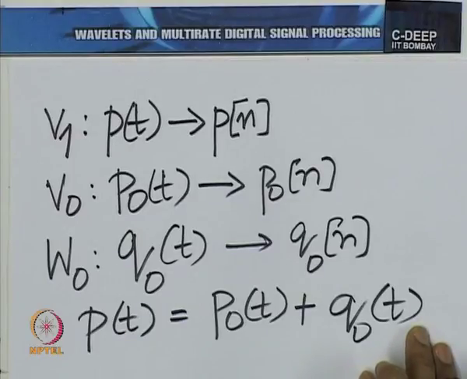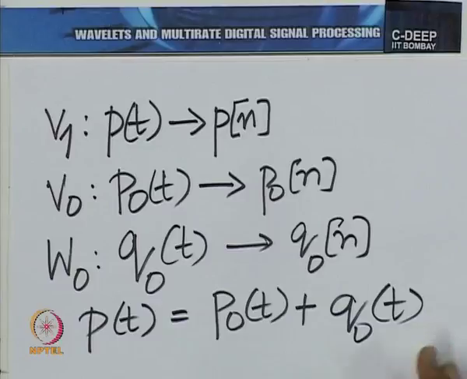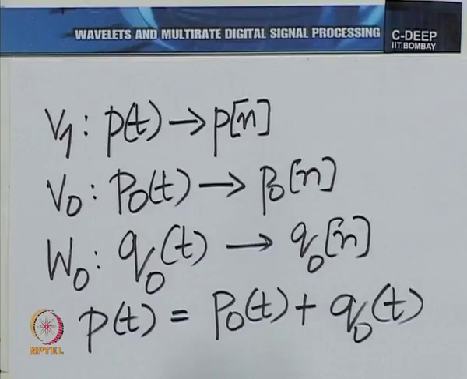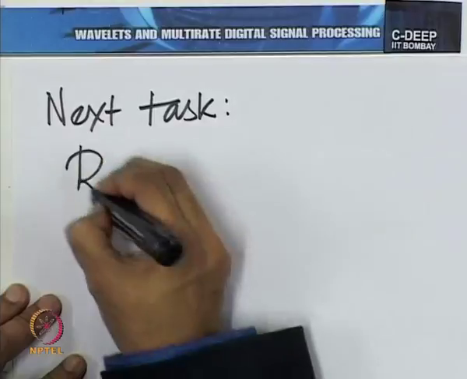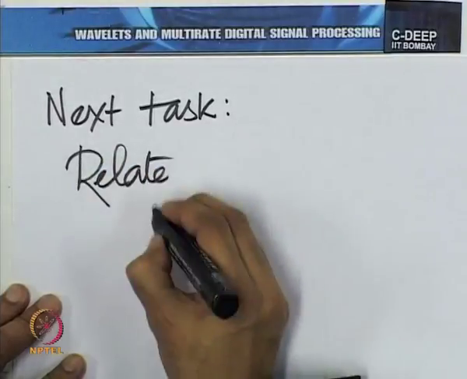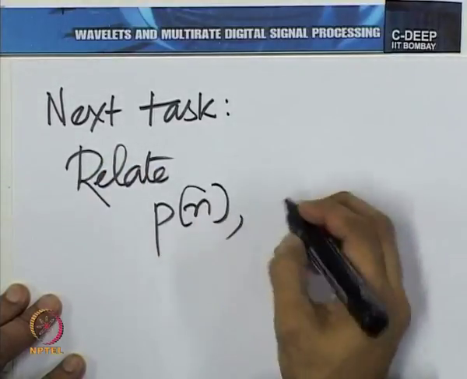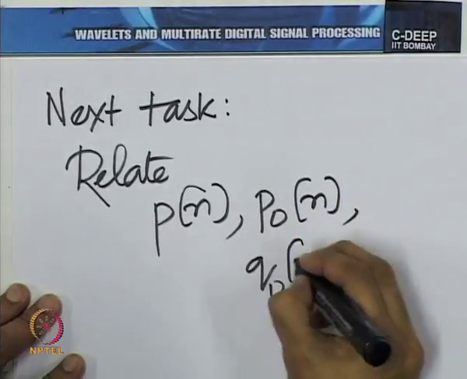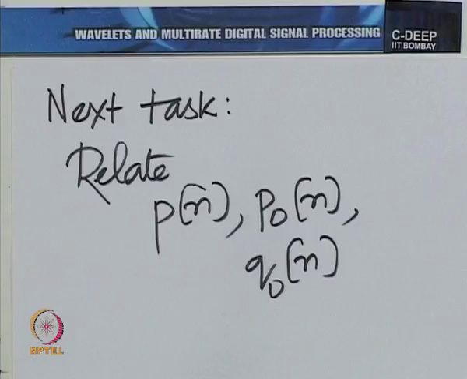So, now we need to establish a relation between P 0 n, Q 0 n and P n, and that is the next task that we would like to undertake. So, our next job is to relate P n, P 0 n and Q 0 n. And in fact, we already have an answer to that question. Let me just go back in one step here.